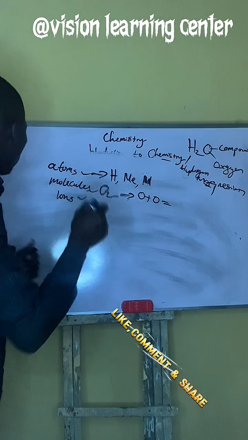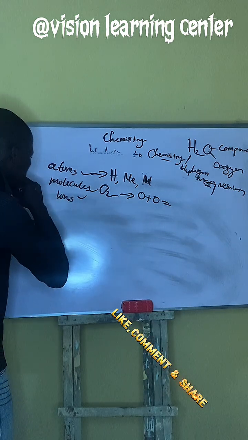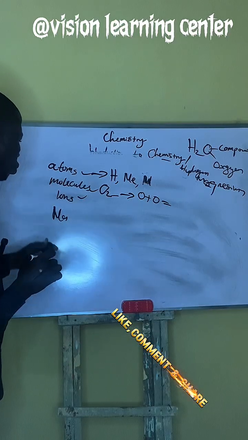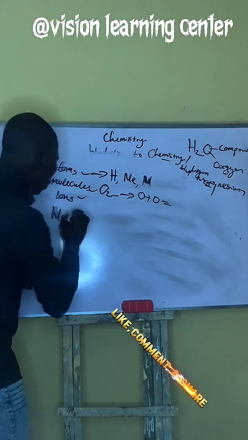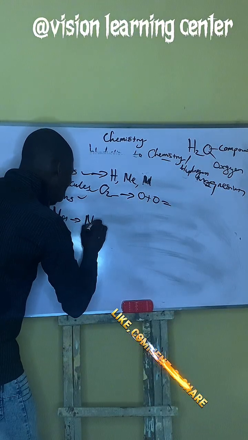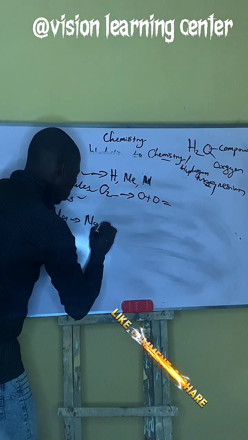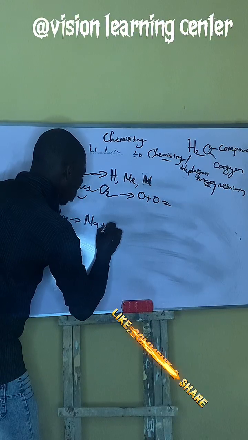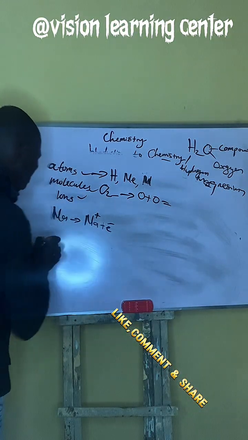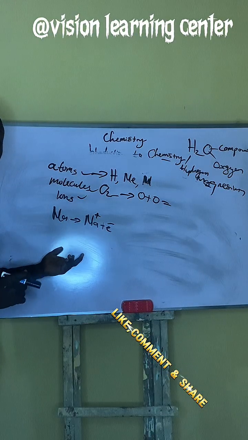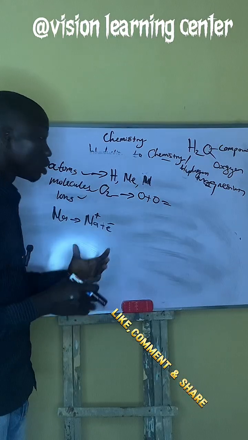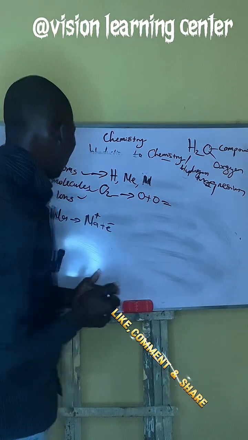For instance, sodium loses one electron. So when sodium loses one electron, it becomes positively charged.